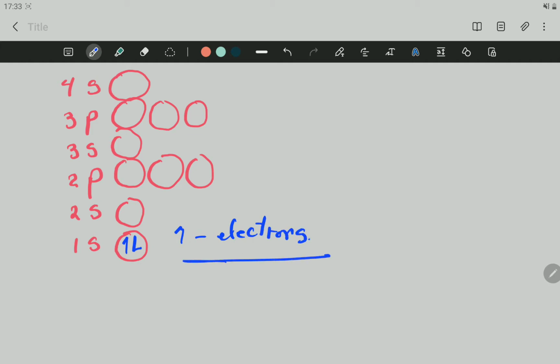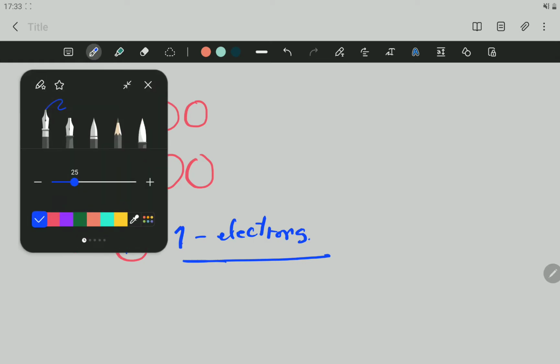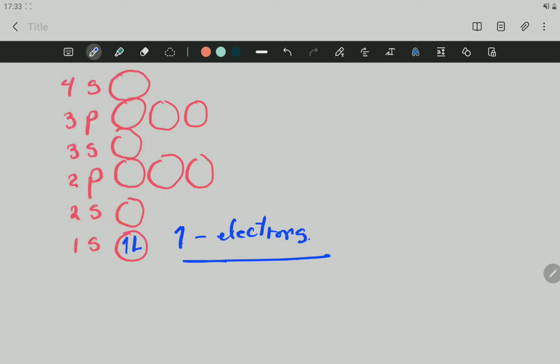Those arrows represent electrons. Remember, in each box you can have a minimum of 1 and a maximum of 2 electrons. You cannot have more than 2 electrons per box, and you always have to complete the entire orbital before you go to the next one.